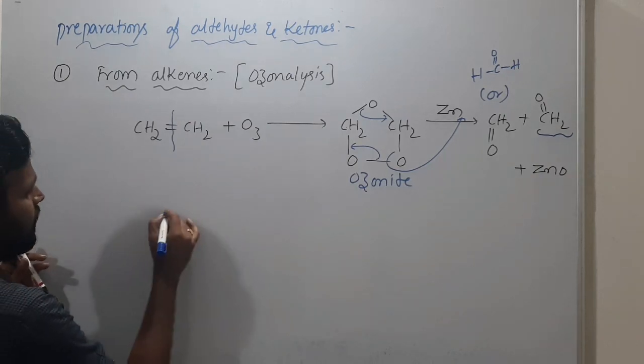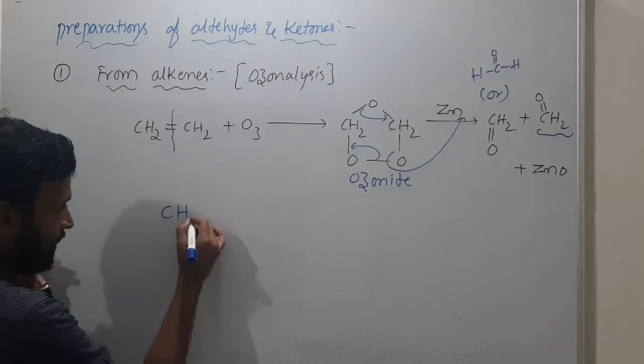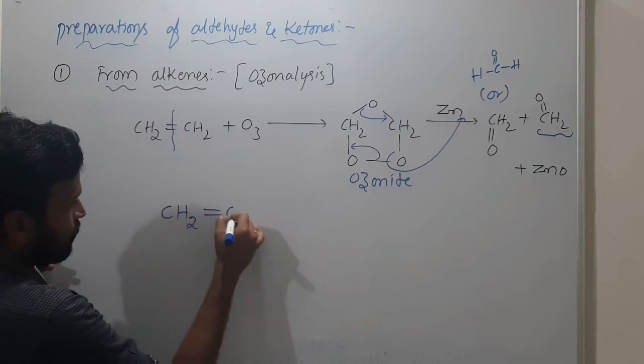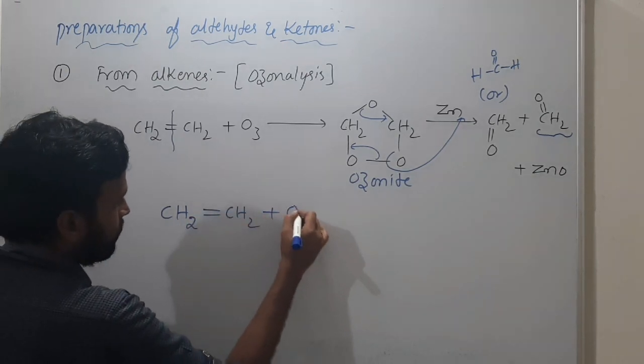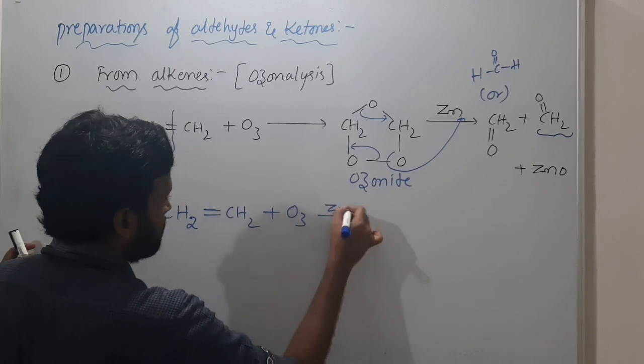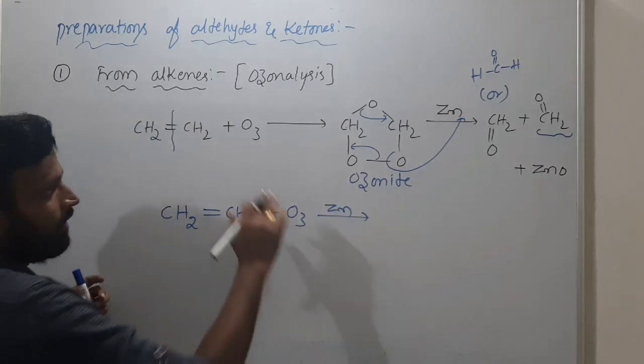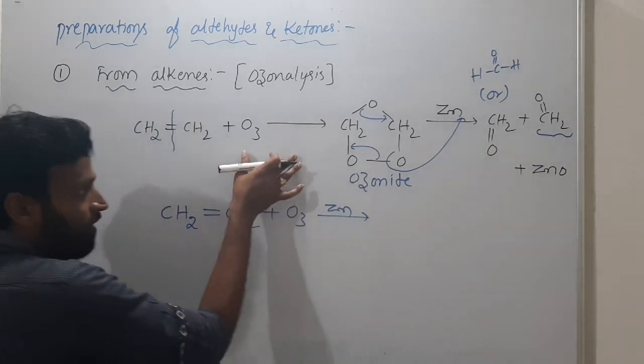It's very simple. When you have the alkene CH2 double bond CH2 with O3 in the presence of zinc, you need to write all these steps only for the PU exam.